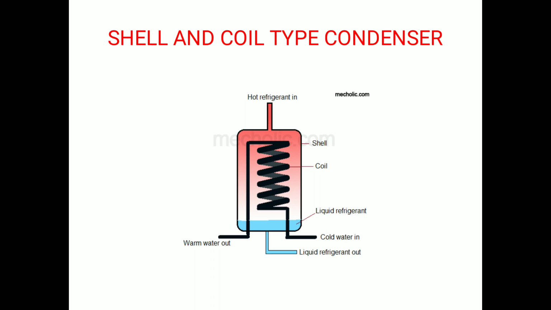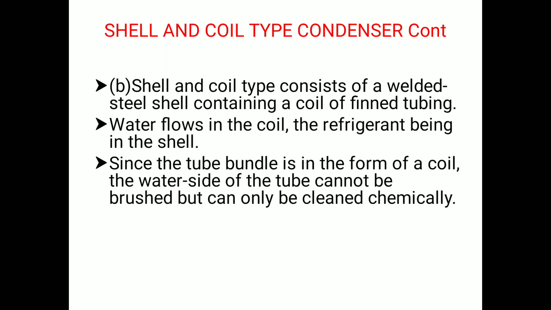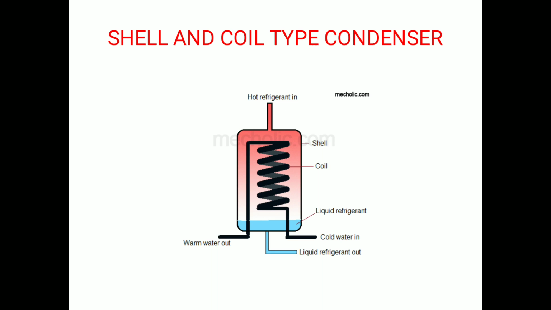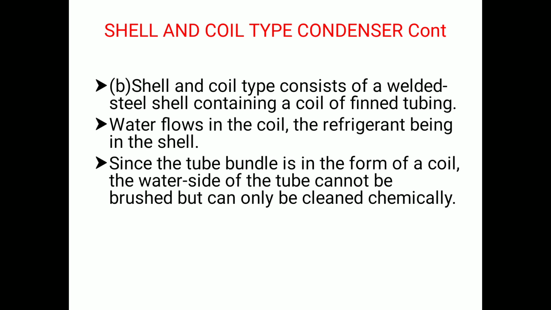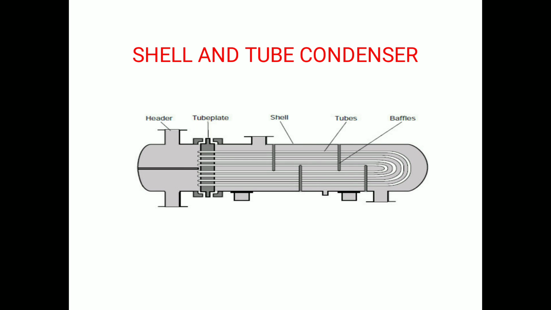You can see the shell and the tube inside as a coil. Water flows in the coil, the refrigerant being in the shell. So the water will flow in the coil and refrigerant will remain in the shell. Due to that, the heat will be transferred into the water and the refrigerant gets cooled.